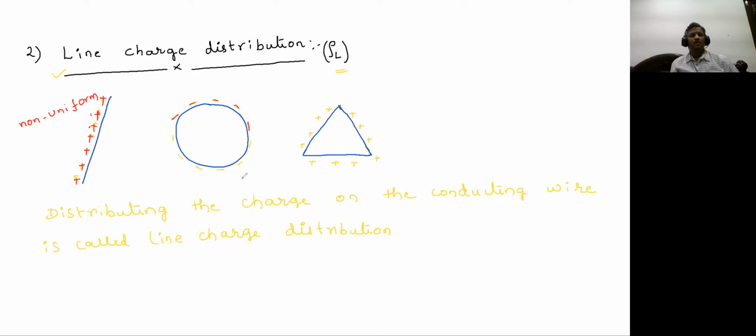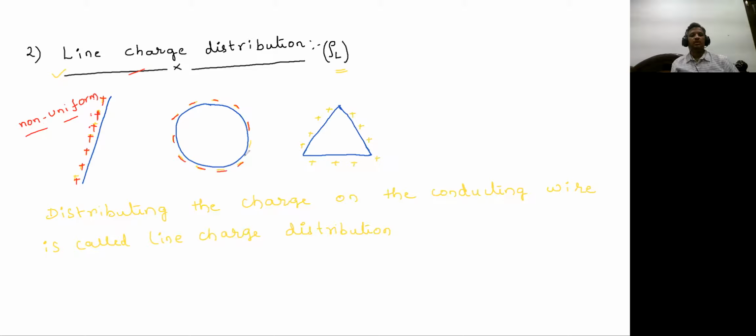So what generally we are talking about, in most of the cases, 99.99 percent of cases, is only non-uniform charge distribution. There is no uniform charge distribution; it is mostly taken only for the sake of derivations and problems.